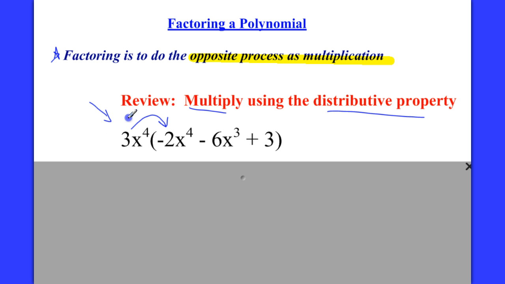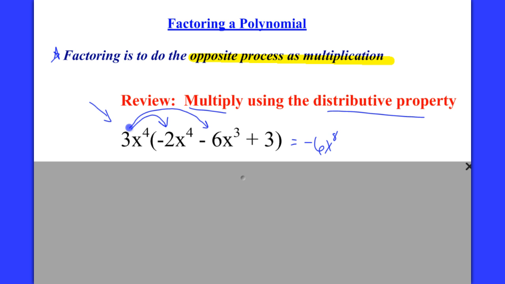Now you see there's a lot of algebra that you've learned this year happening here. You have 3x to the fourth times negative 2x to the fourth. So you'd go 3 times negative 2 would be negative 6, and then you'd have x to the fourth. Remember what happens when you take a variable with the same base? You add the exponents. That would be negative 6x to the 8th, and then you would continue doing that.